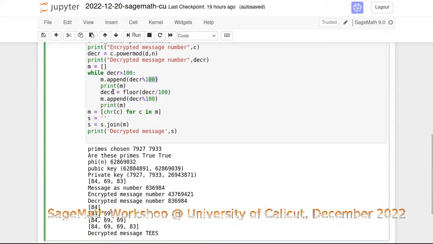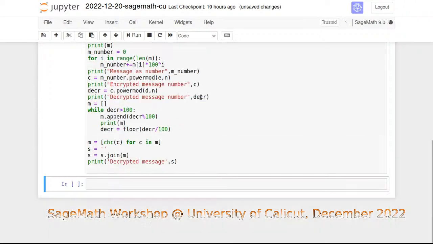So divide again: dividing by 100 means 8369.84, so that is just 8369. Now 8369 again divide with, oh, this is not necessary. Okay, that's a mistake. This is not actually required because it's a loop.